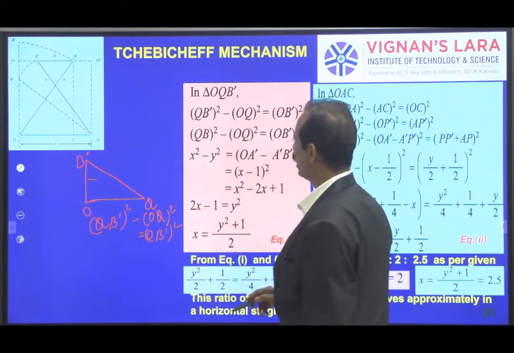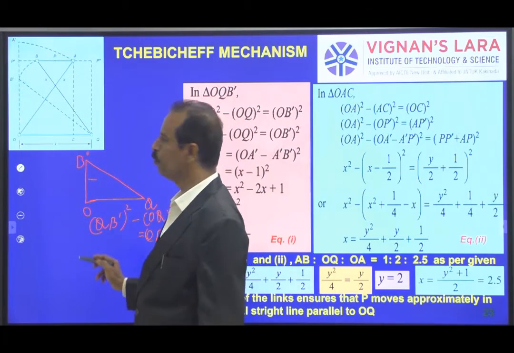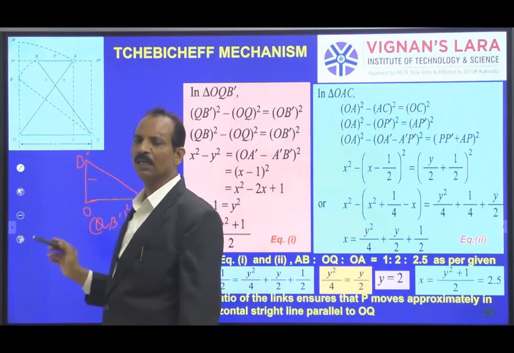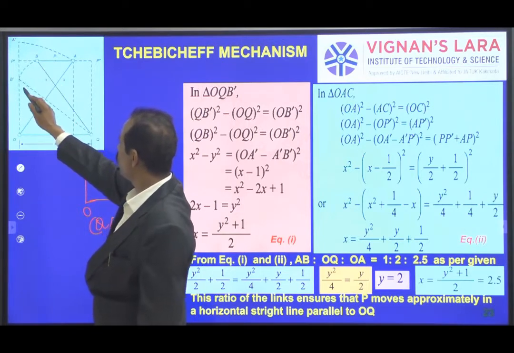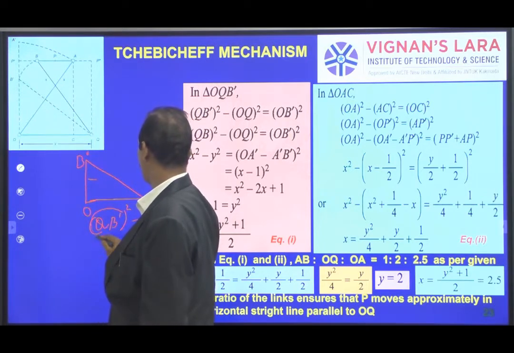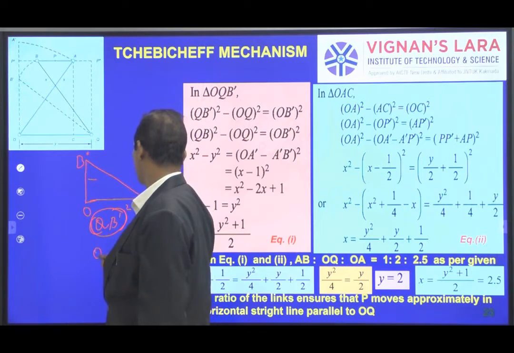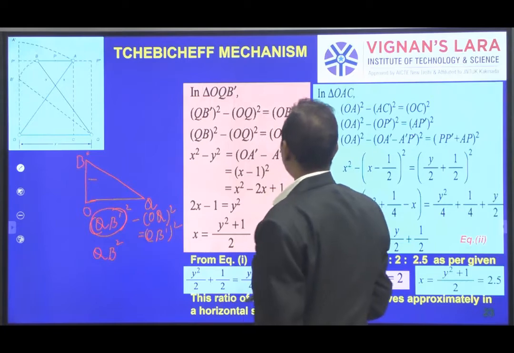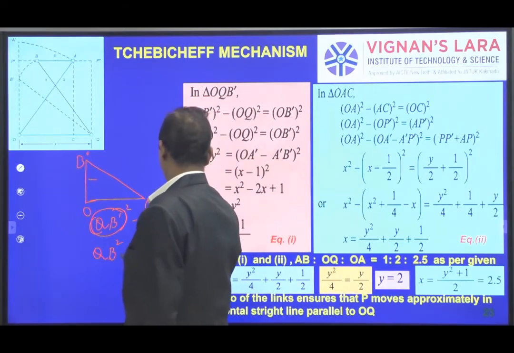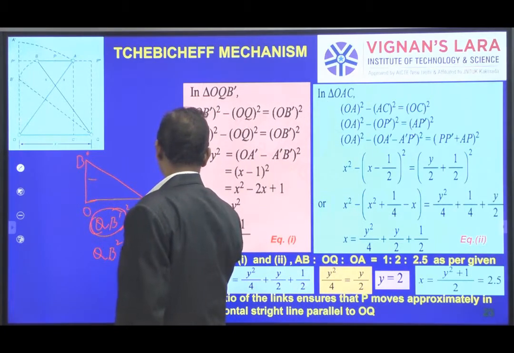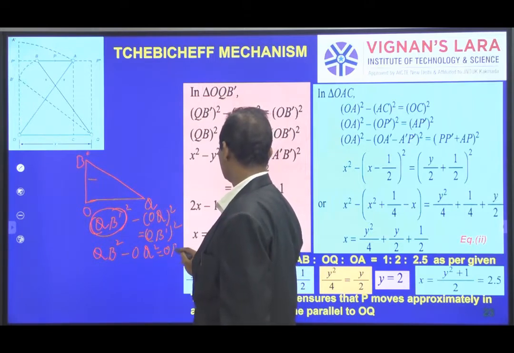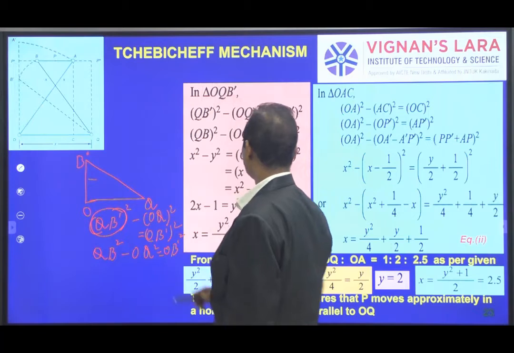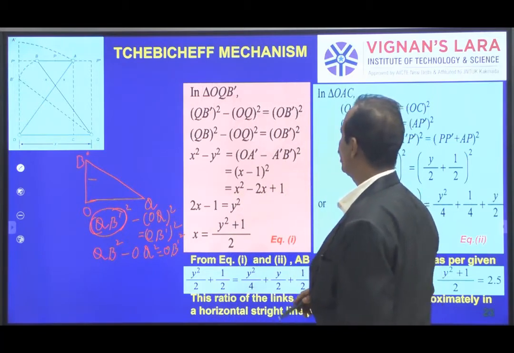So I can write QB dash as QB because it is a link. QB is a link, whether it be here or here, this value will not change. So this can be written simply as QB square minus OQ square is equal to OB dash square. So what is QB and OQ?